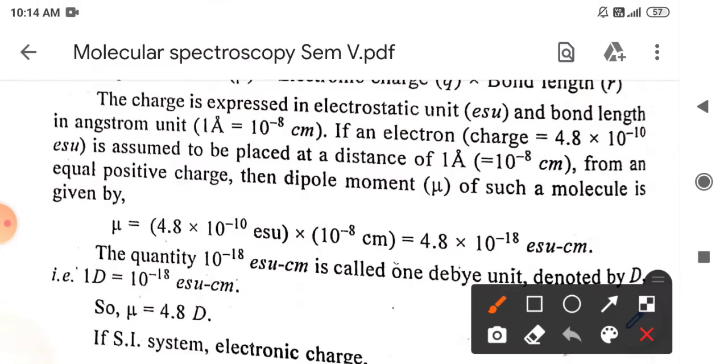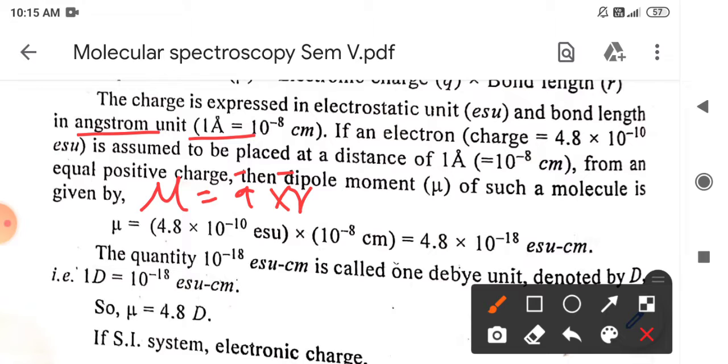For electrostatic units, what is the formula for the dipole moment? It is simply Q cross R, the product of charge and distance. Consider the charge in electrostatic units and the bond length in angstrom units.